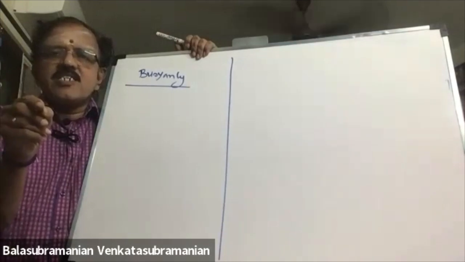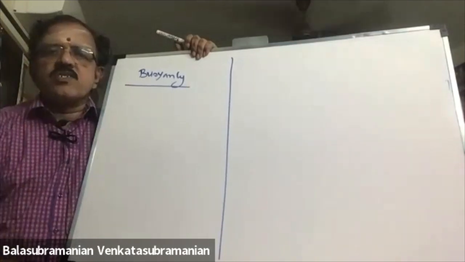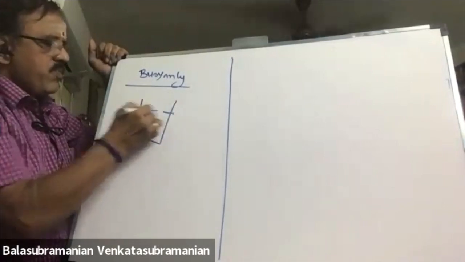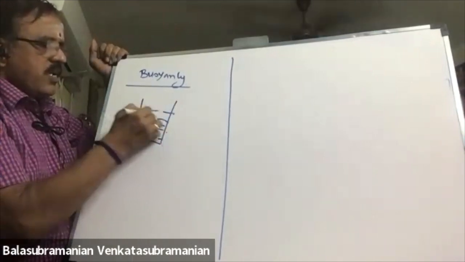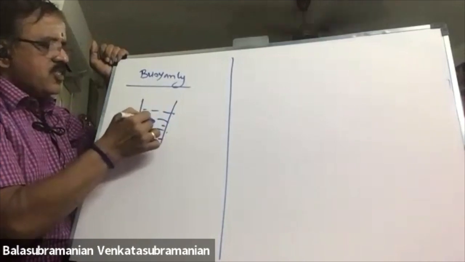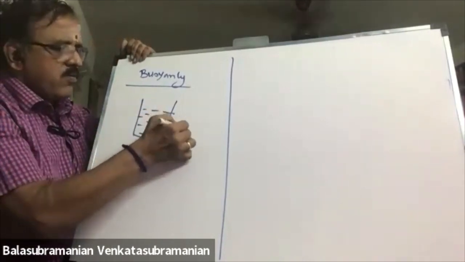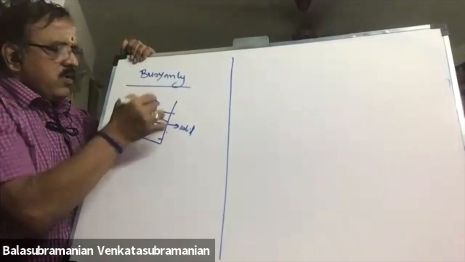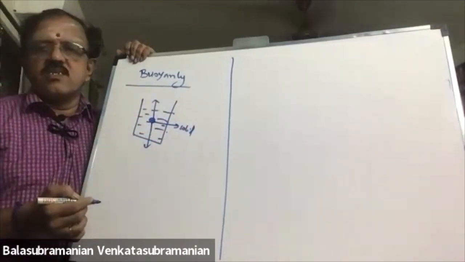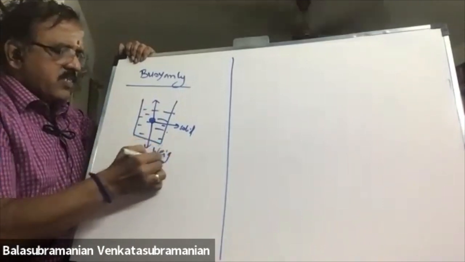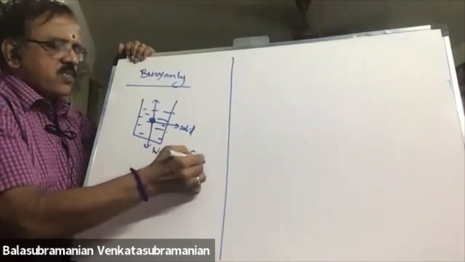The solid is experiencing a downward force, mg, that is called weight. Say for example, this is a liquid. One solid is moving inside the liquid. This is a solid. Two forces existing in the case of solid. One is called the weight acting downwards, mg.